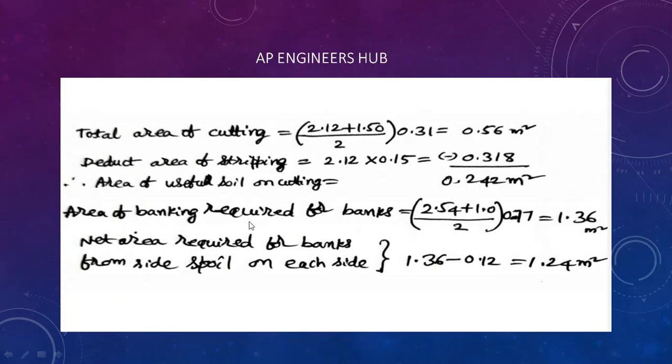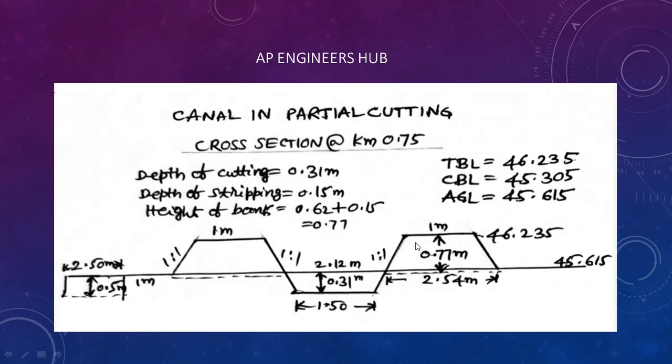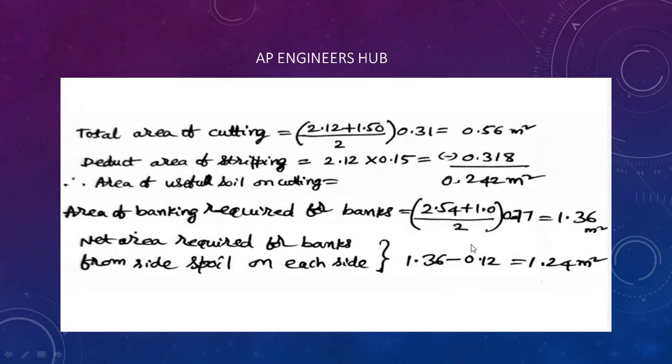Area of banking required for banks is equal to (2.54 bottom width plus 1 meter top width) by 2 into 0.77. That is this bank portion, 1.36 square meters.